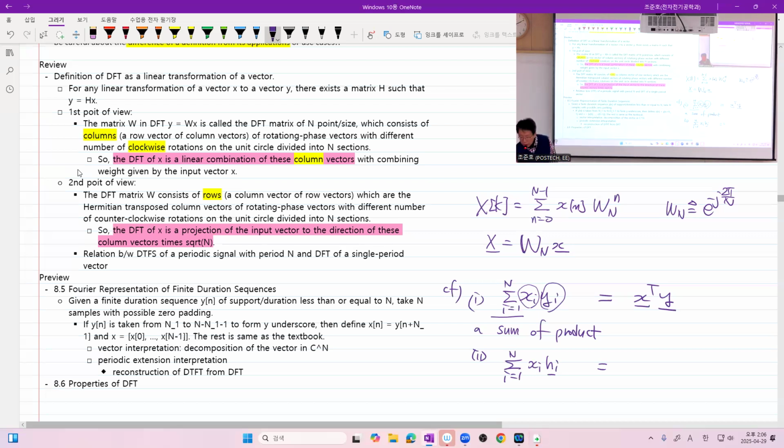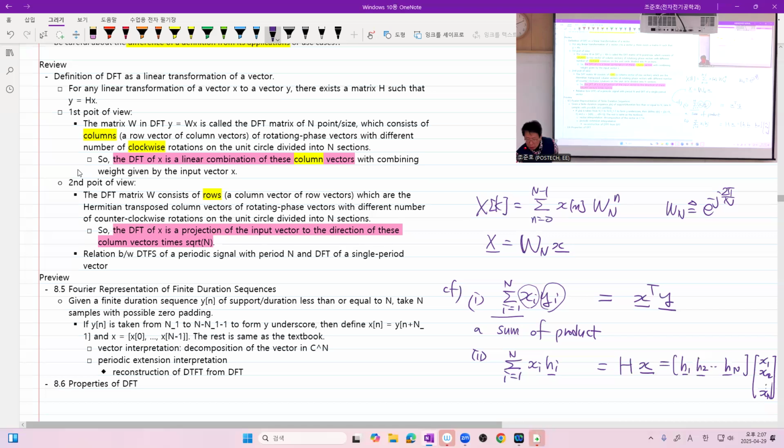You immediately rewrite it as a matrix-vector multiplication, where H consists of these column vectors, and X consists of these scalars. This way, you can view a summation of products not only in a very compact way, but also in a very easy way to understand. Got it?